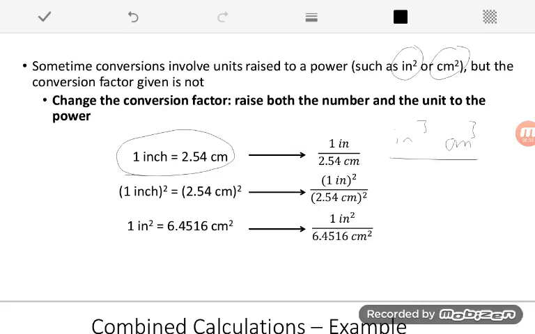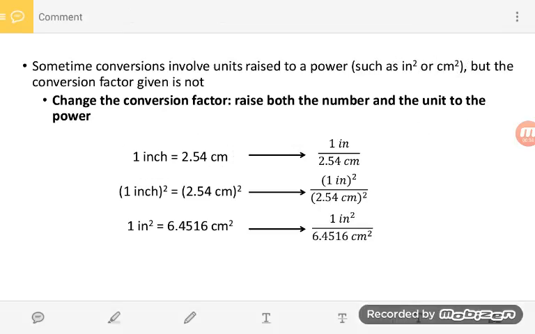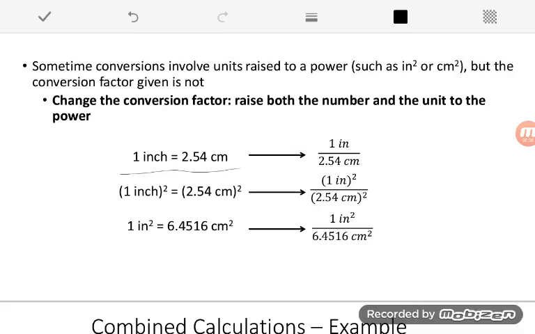So let's say you were tasked with converting between square inches and square centimeters, but you were given just the relationship between a regular inch and a regular centimeter. What you can do is just square it yourself. So you have this relationship here, which we know we can also write in terms of a conversion factor. We can also flip this if we wanted to. Well, we can simply square both sides, and then we end up with square units.